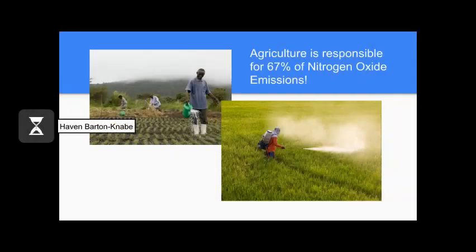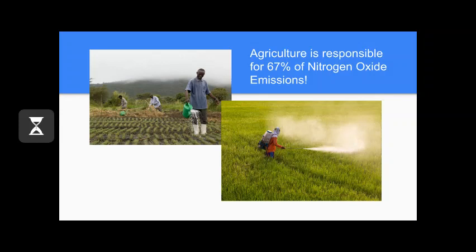So as I mentioned in the other slide with the nitrogen cycle, the way that agriculture causes so much production of nitrogen oxide is through the amount of animal waste that is produced. And especially in the United States and North America, we have the overproduction of farm animals, when we want all those hamburgers and they're mass produced, it causes so much waste, so much plant waste to go into the air.